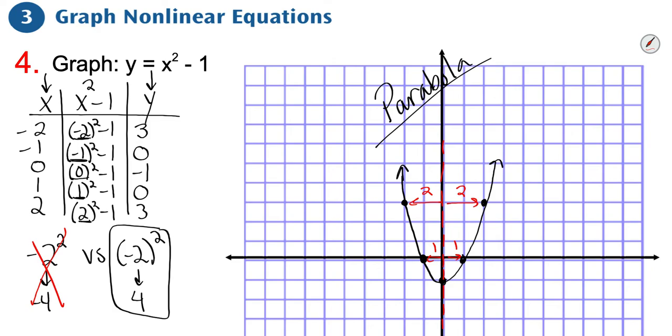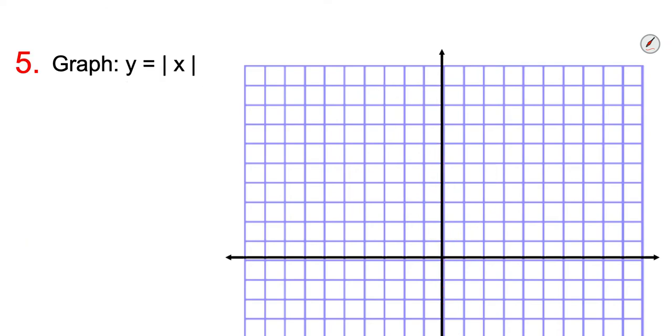So that is a parabola. They could be much more complicated than that, but the general way to attack these is use your XY chart, okay? Go from -2 to +2. If that doesn't tell you enough, you might need to go from -3 to +3, -4 to +4, okay, or other values, all right?